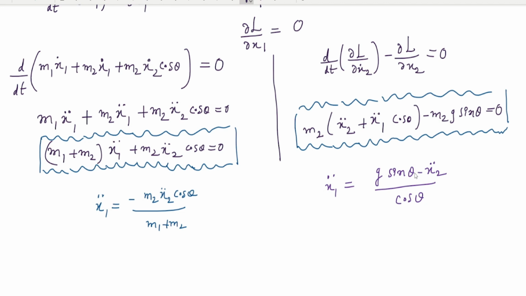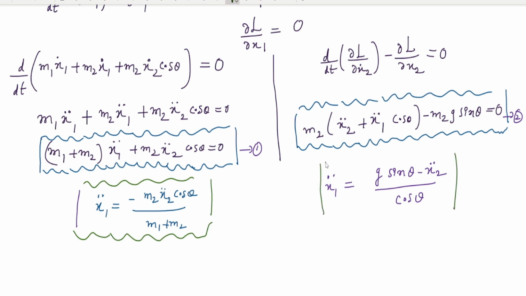So it is better to give equation numbers for our convenience. This is equation number 1, this is equation number 2. Later we use these equations, these are very important equations. Okay, this is equation number 3, this is equation number 4.